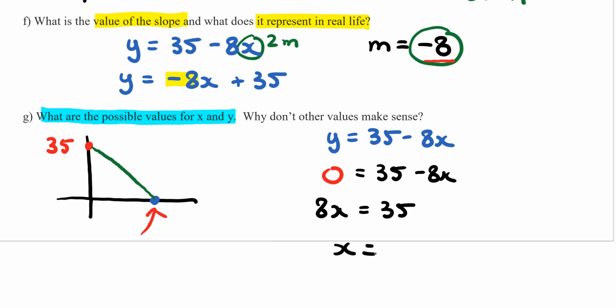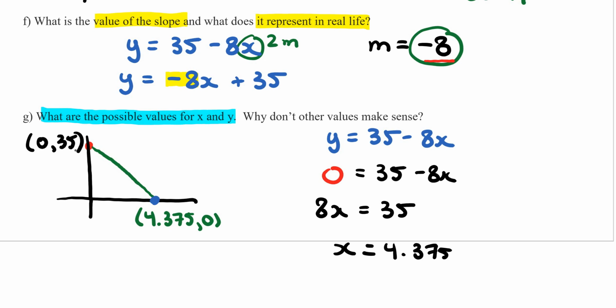If I divide both sides by 8, once again you can go to a calculator, and 35 divided by 8 gives me 4.375. So this point is really 4.375, comma 0. And you can also label the y-intercept as 0, comma 35.